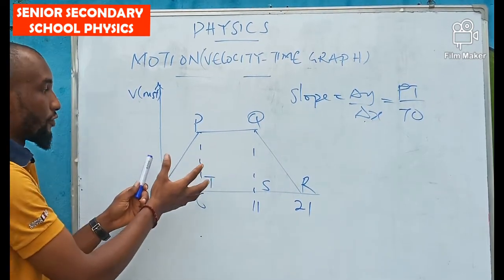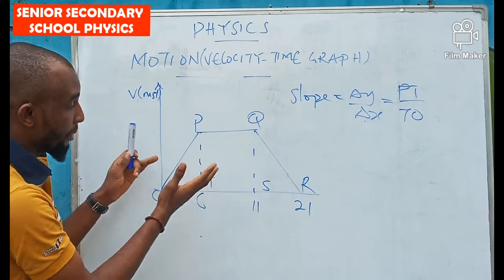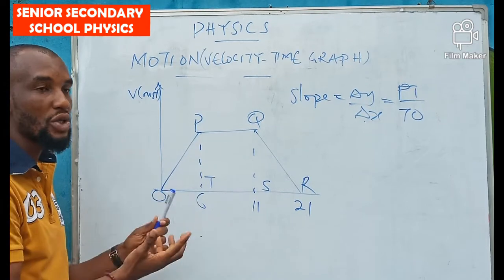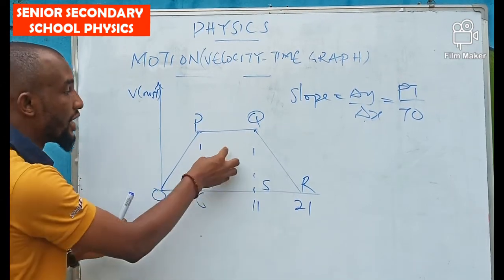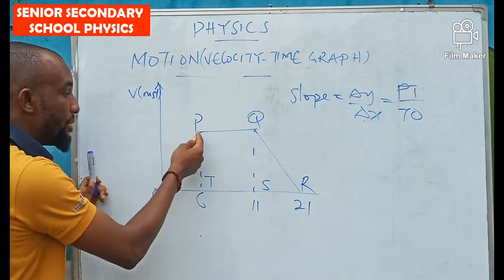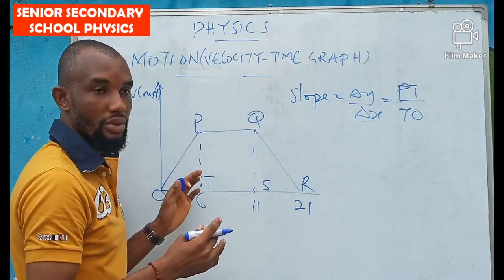From the velocity time graph, the distance is the same as the area under the graph. Make use of the formula for the area of a trapezium to obtain PT.